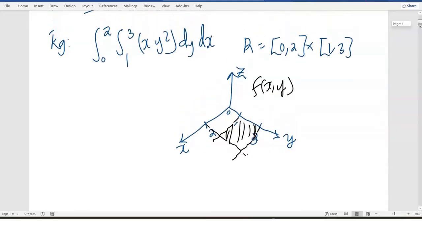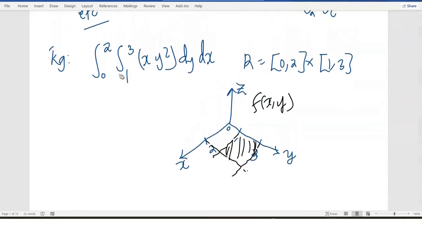Whenever we meet such a scenario, we deal with what is inside first. We integrate it with respect to y, and whatever we get will remain with x in it, and then we integrate that function of x with respect to x.